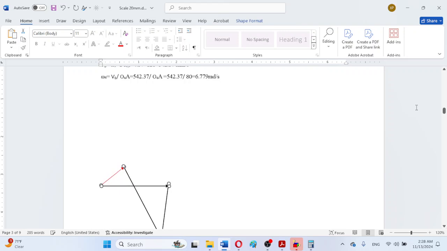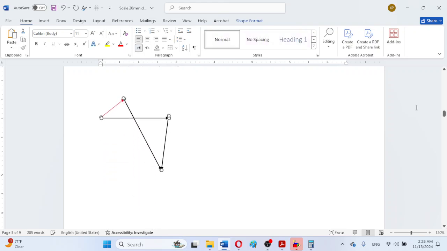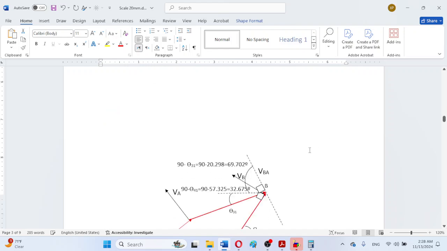So the diagram is quite clear and the method is obvious. That is why I am moving.